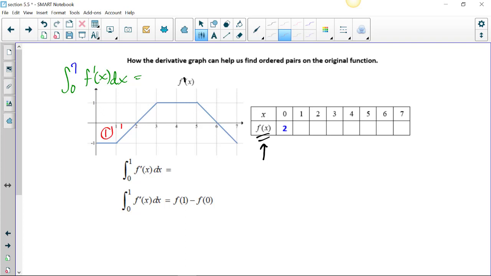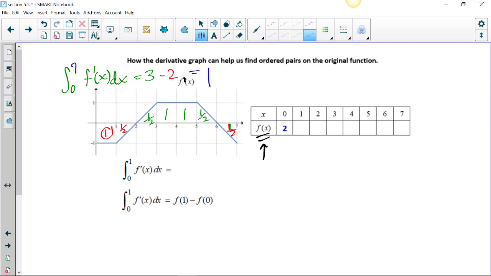This is a half of a square. This is a half. Then we're above: this is 1, this is 1, this is a half, and this is a half below. Remember, the definite integral is the area above minus the area below. So above we have 1, 2, 3. Below we have 1, 2. So 3 minus 2 gives me a definite integral of 1.